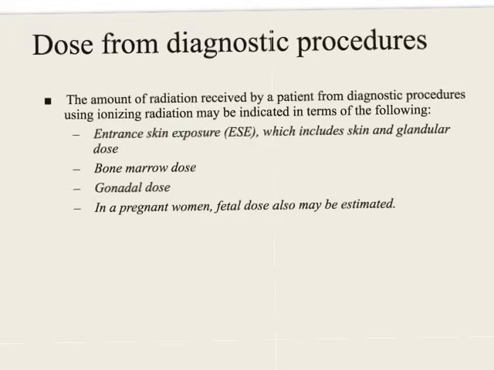And then gonadal dose, right? This is one of the primary ones that we will use in X-ray, right? Because we are interested in, was the patient shielded? What kind of internal scatter might have occurred? And they can calculate for that and come up with an estimated gonadal dose.